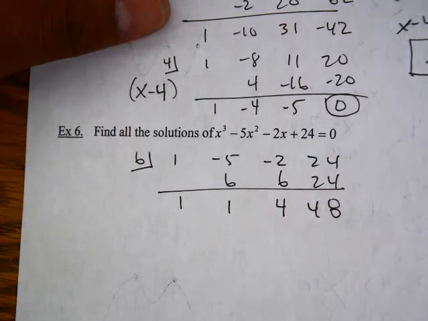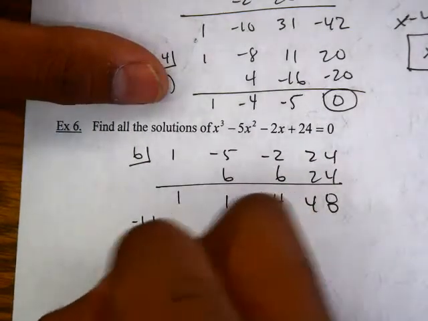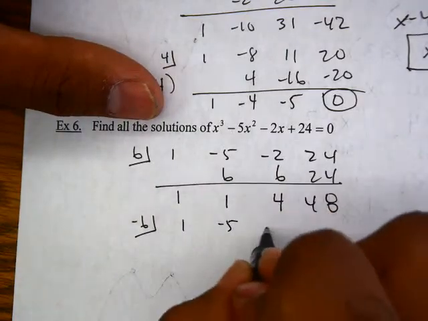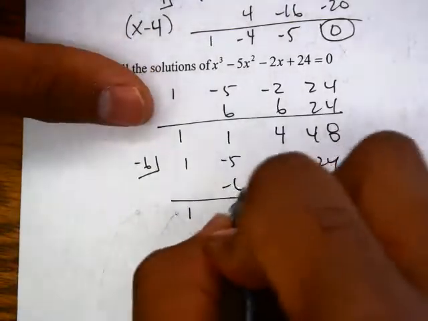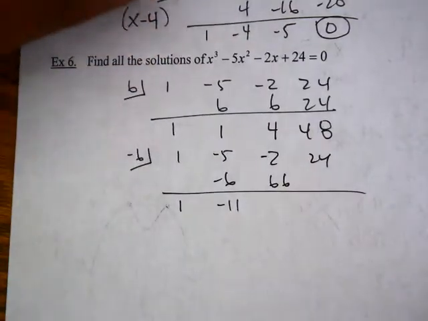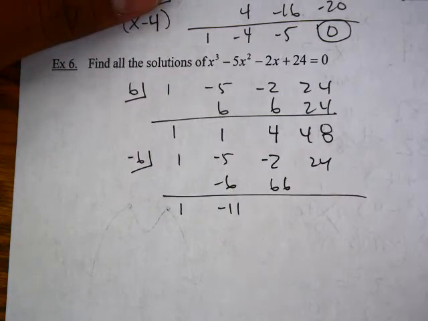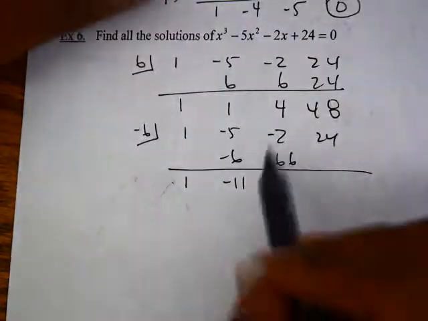That's close. No cigar. Let me try negative 6. So 1, this is negative 6. This is negative 11, that's 66. I can already tell this is no good. So don't do that one.